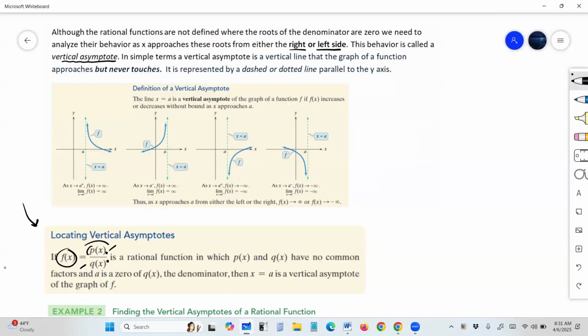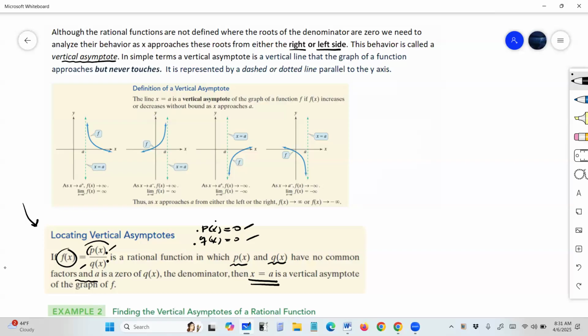We set p of x equals 0, and we set q of x equals 0, and we find those roots. We find the x values that solve this equation. Now, if p of x and q of x do not have any factors in common, whatever other factors remain are the vertical asymptotes.